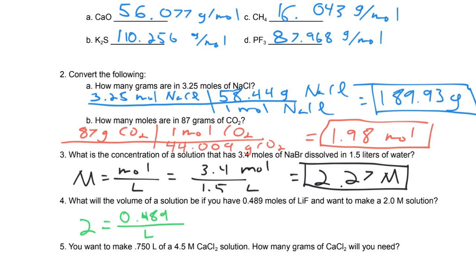So I multiply the liters to both sides, divide both sides by 2 to rearrange this to be liters equals 0.489 divided by 2, which equals 0.245 liters.